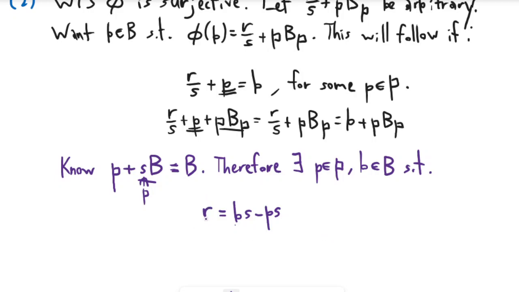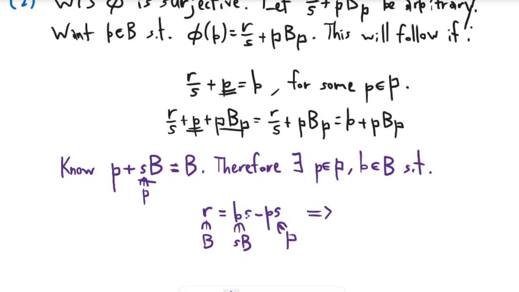Because we're thinking of R as being an element of B. So R is in B. bS is an element of the ideal generated by S. And this number here, negative pS, this is an element of P. Right, and so we're just using this fact that we just showed here that the sum of these two is equal to B.